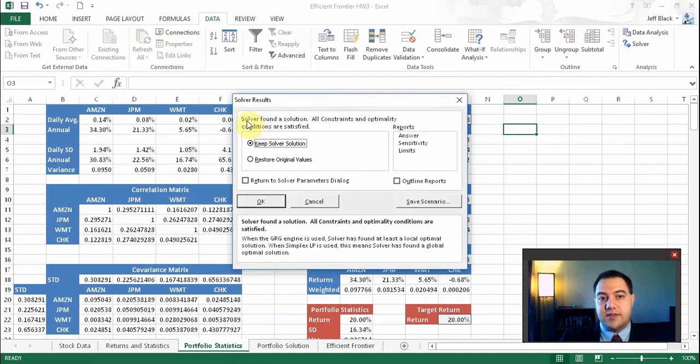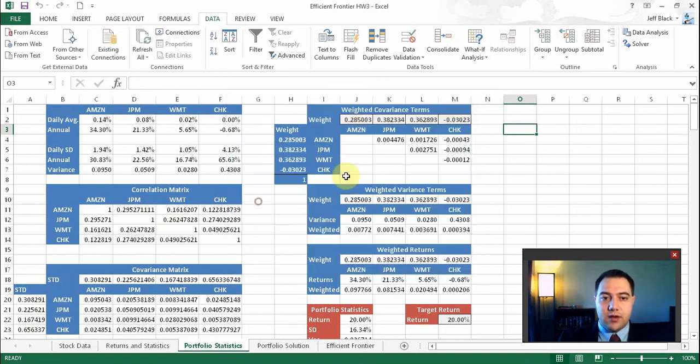Here we see that Solver found a solution. If we had made any errors throughout the previous three phases, Solver's probably not going to find a convergent solution. Here we can look and we see that we're short selling 3% of Chesapeake. We're putting 28% in Amazon, 38% in Chase, and 36% in Walmart.